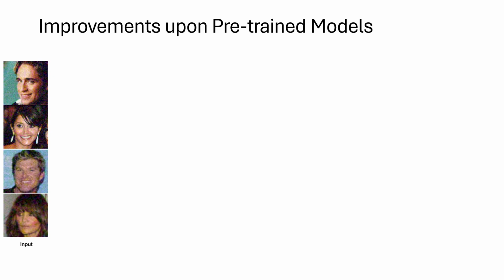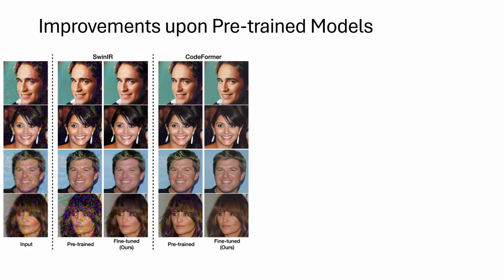To evaluate our method, we synthesize datasets that contain low-quality images of out-of-distribution degradations. We test our pipeline on two different base models, SwinIR and CodeFormer. The outputs from both pre-trained models contain severe artifacts, while our fine-tuned models are able to produce realistic restoration.